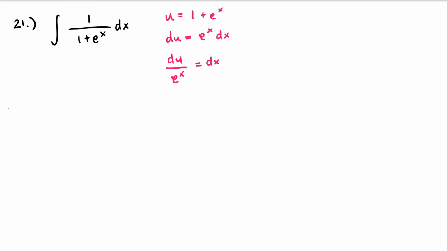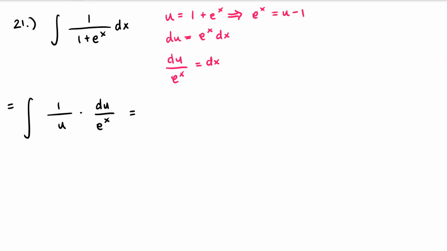Now, if I rewrite my integral, I have 1 over u, and dx is getting replaced with du over e to the x. And again, we don't want x in our integral, so from my original u value, I'm going to solve for e to the x by subtracting 1 on both sides, and we get e to the x is equal to u minus 1.